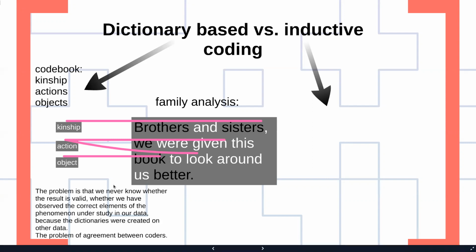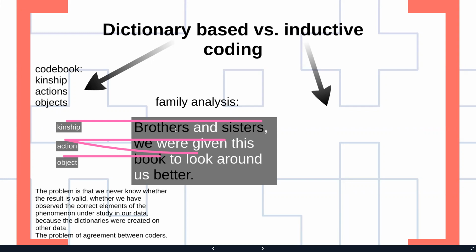The problem is that we never know whether the result is valid, even if we read it in this context. Yes, I applied it wrongly, and I should not use the kinship code for brothers and sisters.